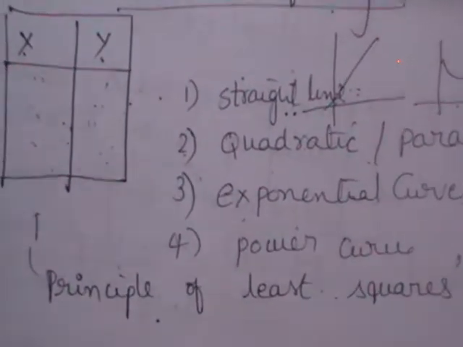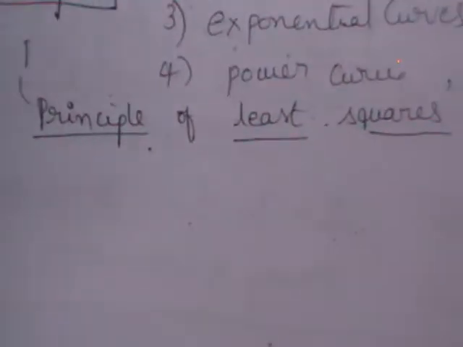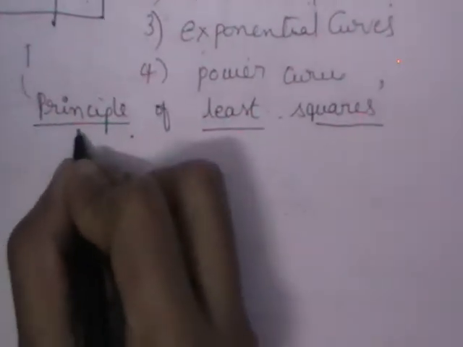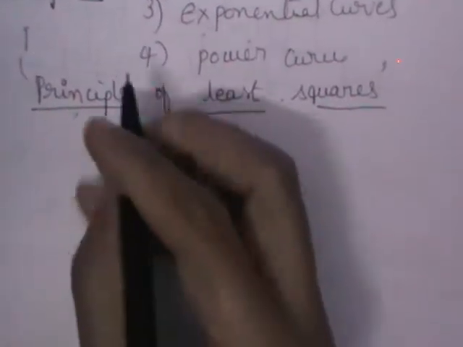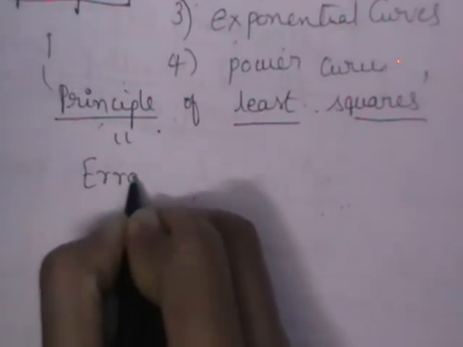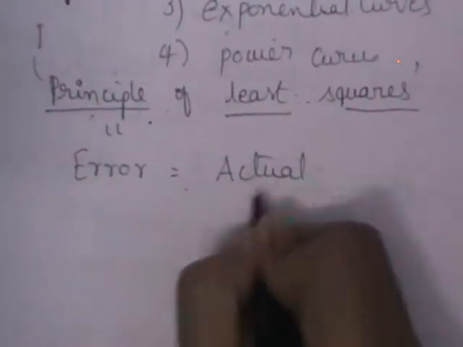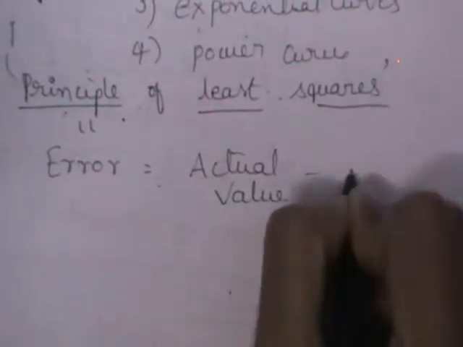Now let us see how to use this principle of least squares to fit any curve. Here the principle of least squares tells us, what do you mean by error? How do you define error in general? As the difference of actual value and estimated value.